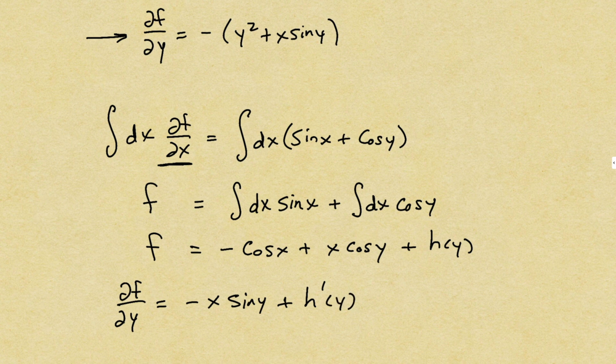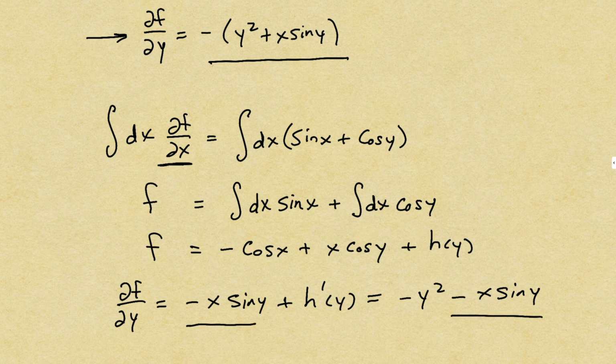So that's df dy. But then, of course, we also know that df dy is equal to this. Therefore, this must equal a minus y squared minus x sine y. So let's compare both sides. We have a minus x sine y, and we have h prime and a minus y squared.